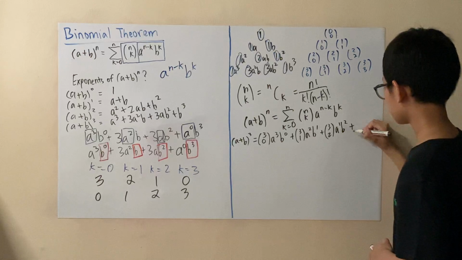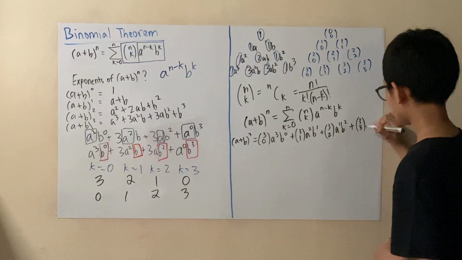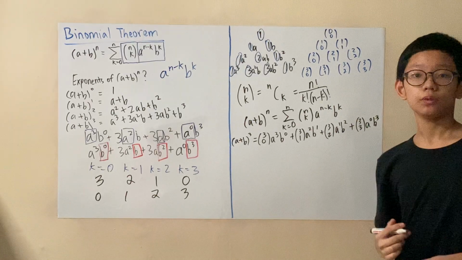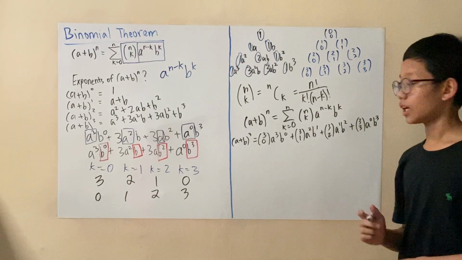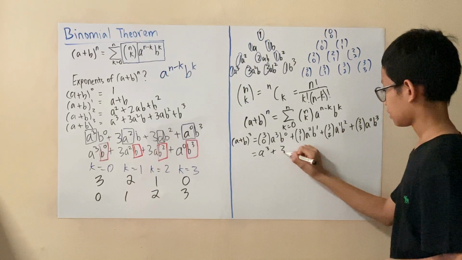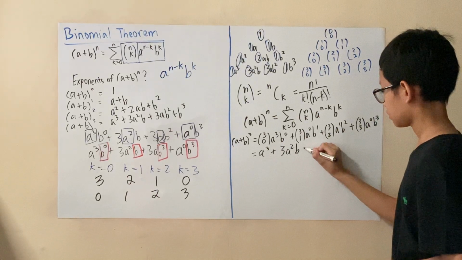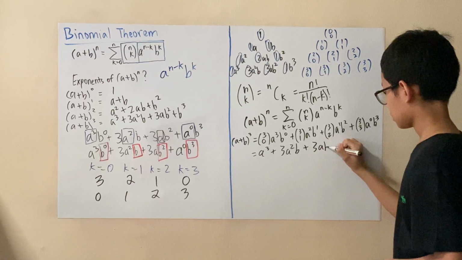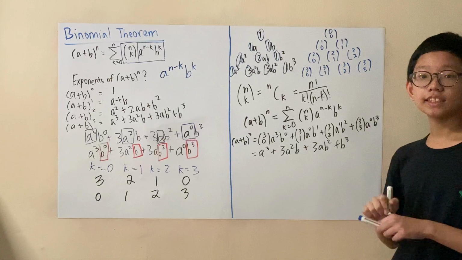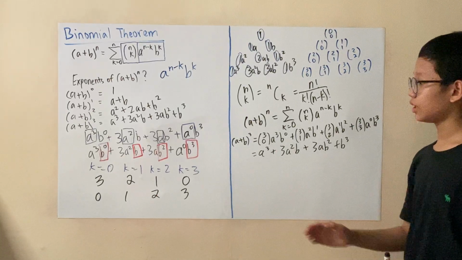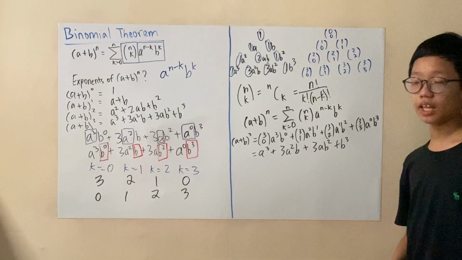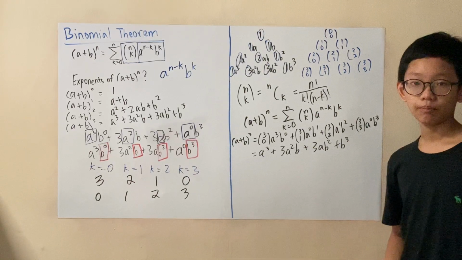That's our third term. And this is our final term. Now we can add them all up. And we'll realize that this is exactly the same as what we'd get if we manually expanded it. However, this is an easier method for us to expand (a + b) to the power of 3.